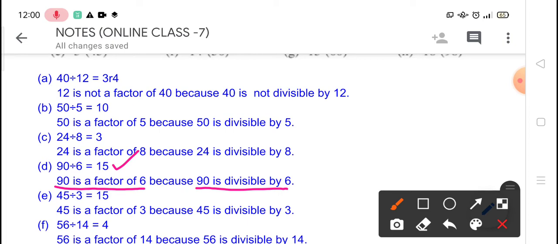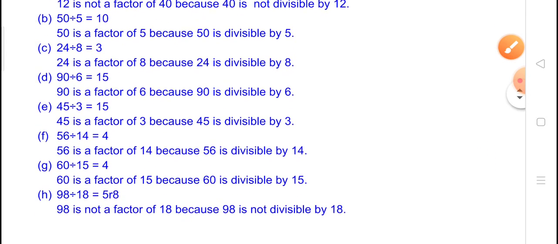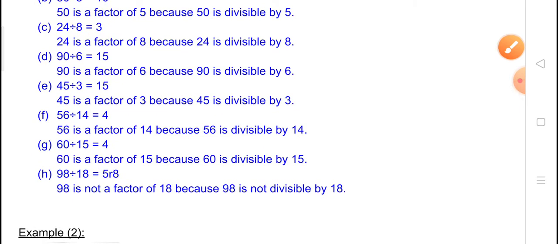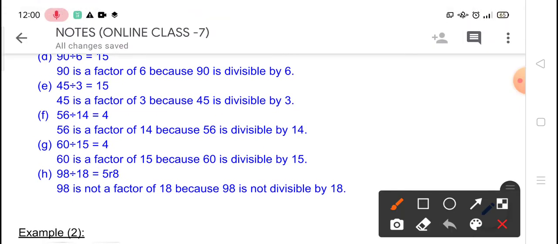Okay, and the same thing happens on questions E, F, G. All of them are able to be divided by the given number, so we say they are factors. And lastly, we have a look at question H. 98 divided by 18, and we get a remainder here, which means balance.